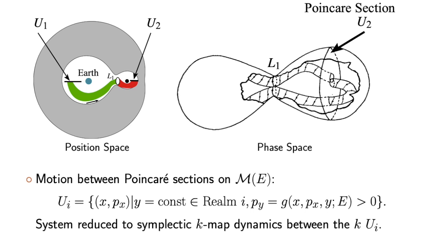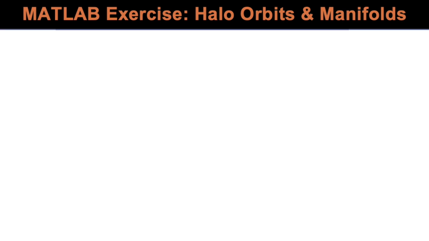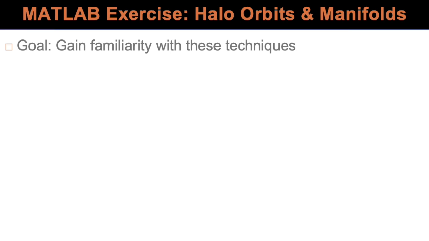And so this is a way that we can design trajectories that say spend some temporary time around the moon and then maybe some temporary time around the Earth and so on. I might say some more about that, but now we're going to try this MATLAB exercise.